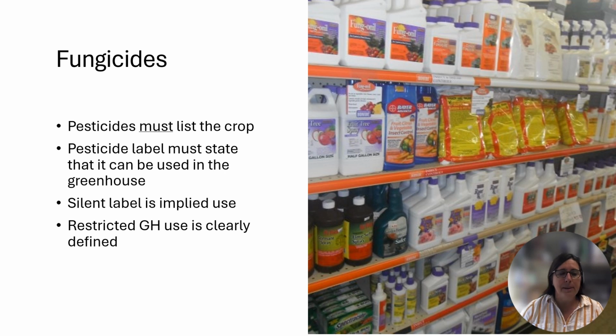So that would be an implied use. It might not specifically say it can be used in a greenhouse or on a particular crop, but it cannot say that it cannot. If specific plants are labeled, you're looking for your specific plant. Or if it says that greenhouse use is restricted, that's clearly defined, and that product cannot be used on that particular crop in that particular situation.